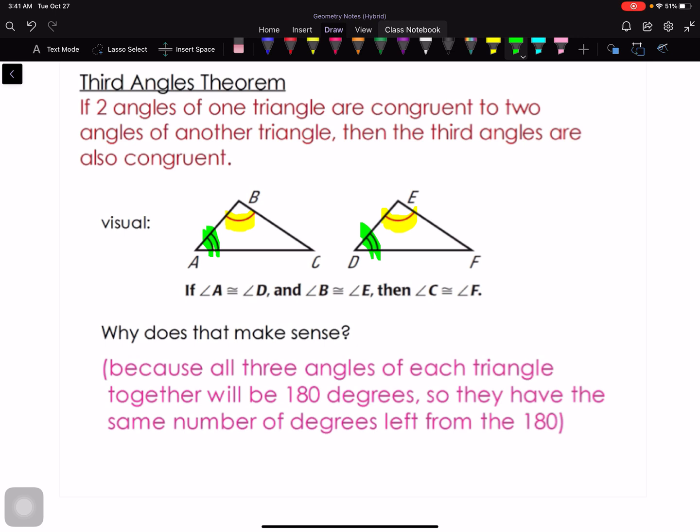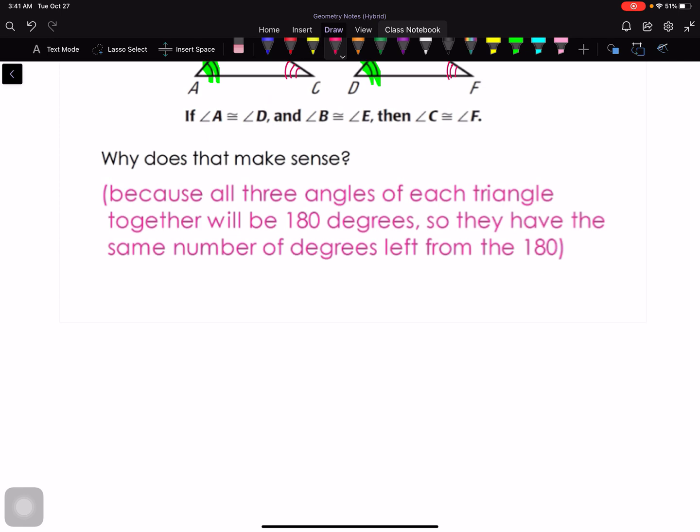So that means those angles are congruent. And then it's saying that if that's true, then the last piece of information would be that angle C and angle F are also congruent. And why does that make sense? Because all three angles of each triangle add to 180 degrees. So they have the same number of degrees left from the 180.